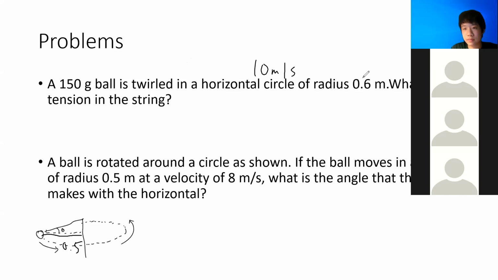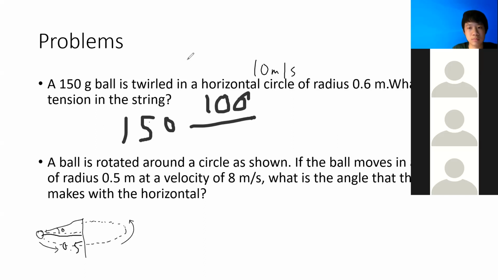Yeah. So for the first one, the tension is mass times velocity squared by radius. So the tension is basically 150 grams by the 10 meter per second velocity. So we square that, 100, by 0.6.